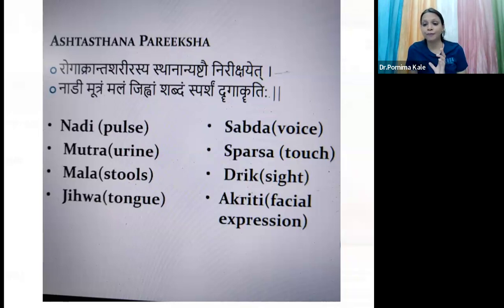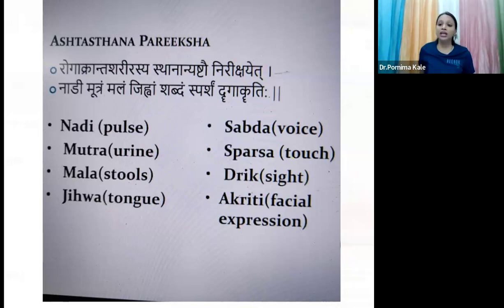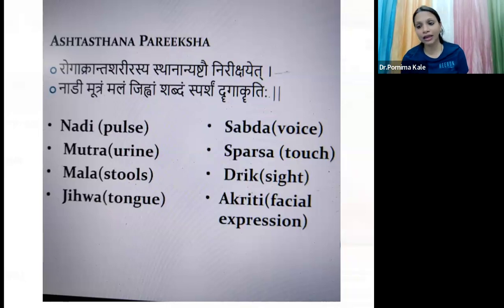Then sparsha, again I will go to knee patients only. When we touch the knee, if we find that the knee joint is hot or red in color, then we can say that there is inflammation. And if there is no color change and the temperature is normal, then that can be degeneration.